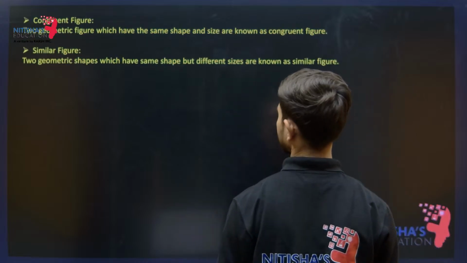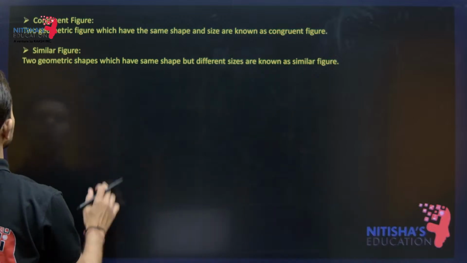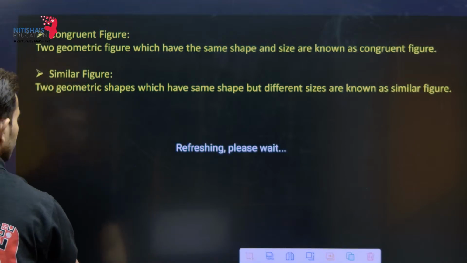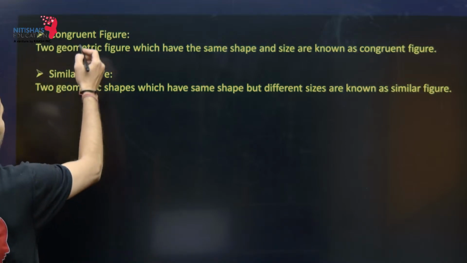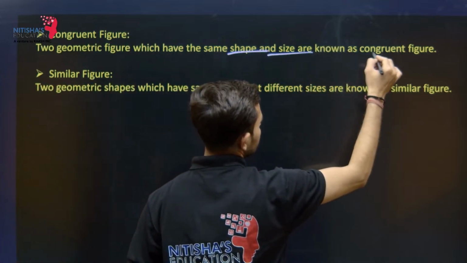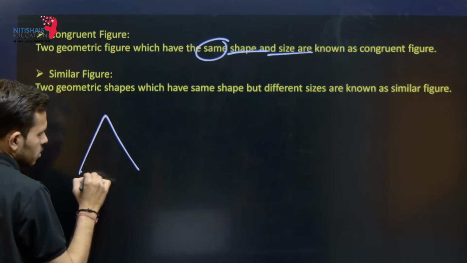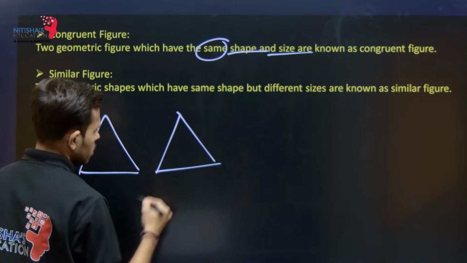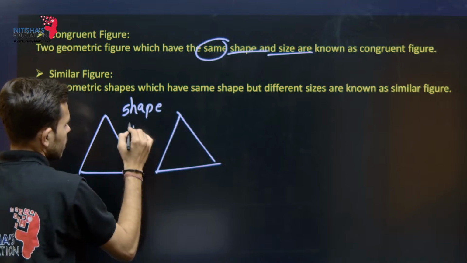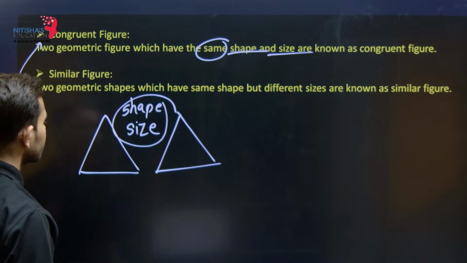So what is triangle? In this triangle chapter, we need to first understand congruent figures and similar figures. Now what is the difference between congruent figures and similar figures? In congruent figures, the shape and size are the same. If I am drawing triangles, and these triangles are of the same shape and the same size, we can say they are congruent figures.